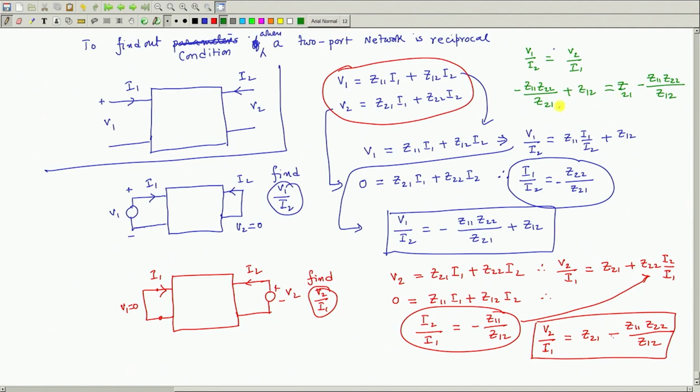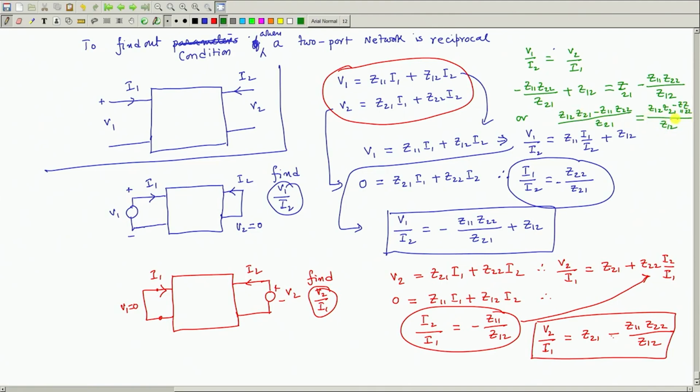Or you can just multiply this, because the numerator is Z 1 2 Z 2 1 minus Z 1 1 Z 2 2 divided by Z 1 2, and on this side it is also Z 1 2 Z 2 1 minus Z 1 1 Z 2 2 by Z 1 2.